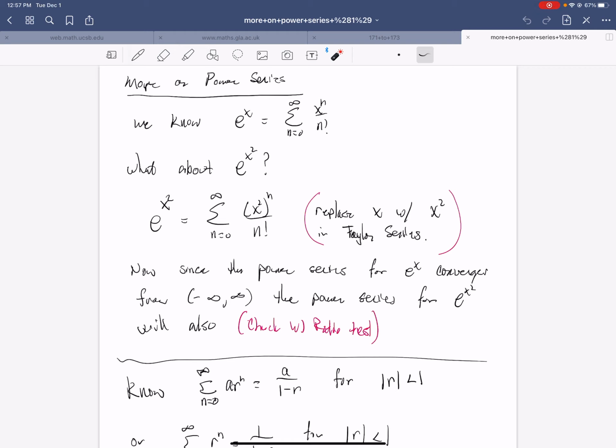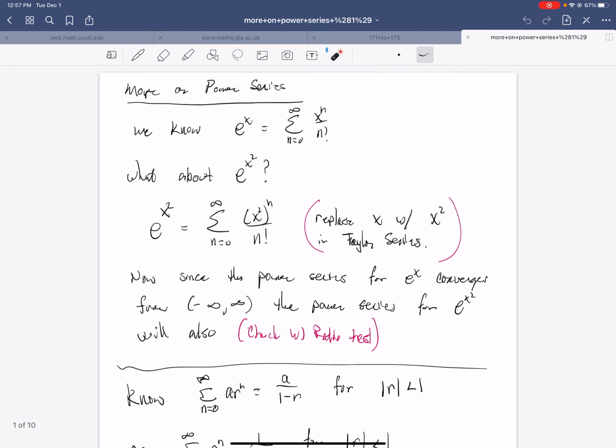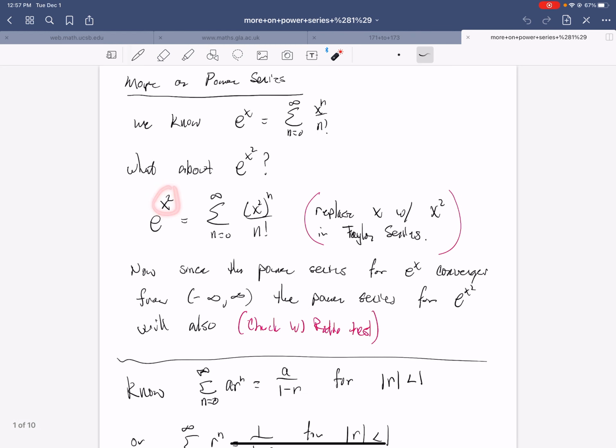And everything works out fine. So that just goes to show that sometimes if you knew a base Taylor series and you're just manipulating through algebra, like the variable in there, you can actually just manipulate it in the statement of the original function's Taylor series.